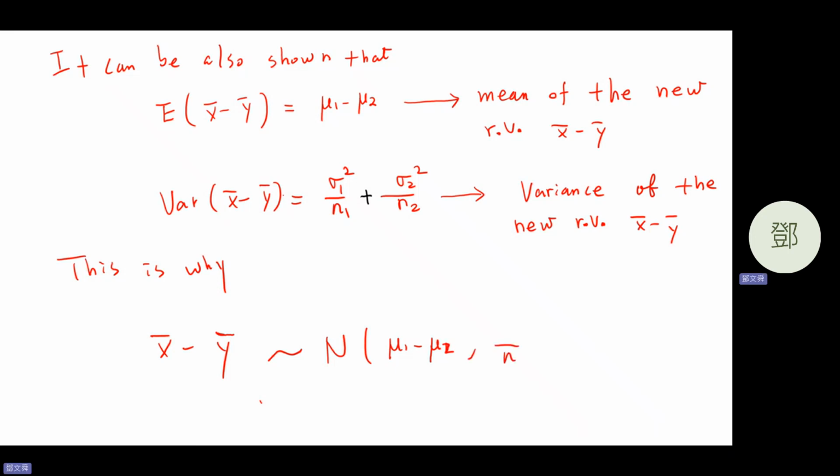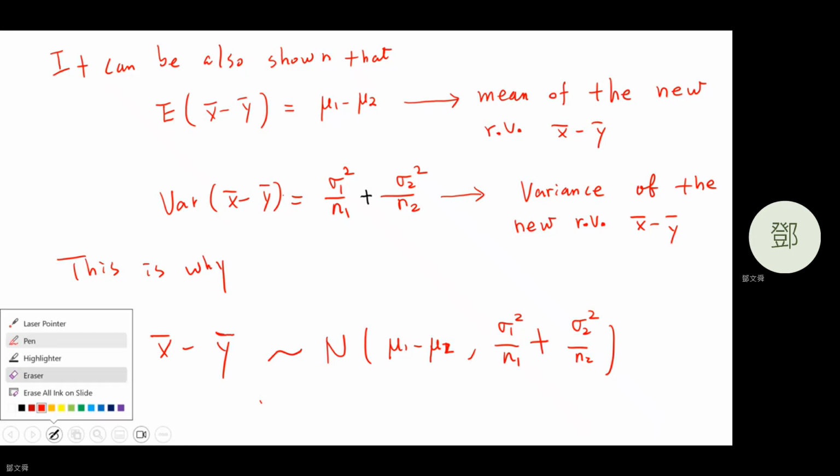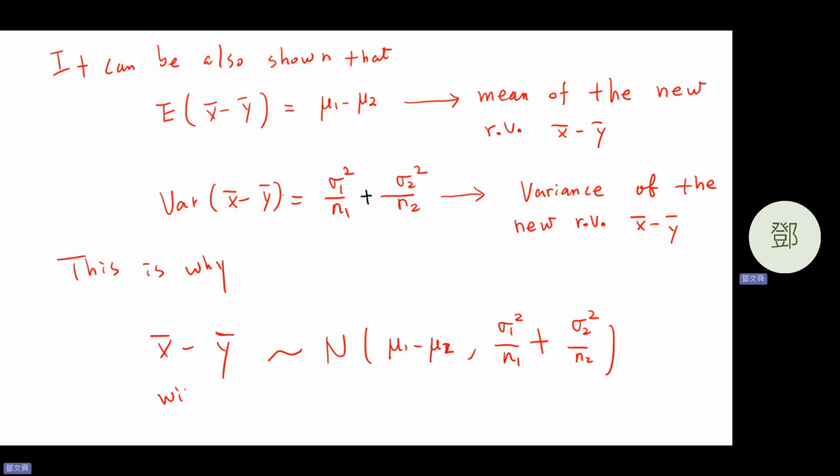Okay? And variance sigma 1 square over n1 plus sigma 2 square over n2. With this, we can derive the confidence interval for mu1 minus mu2.